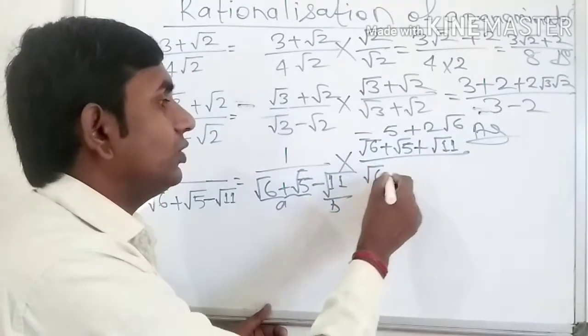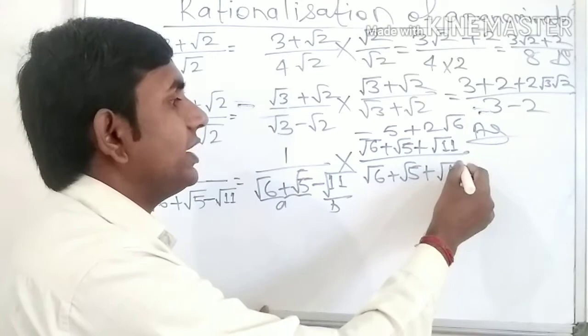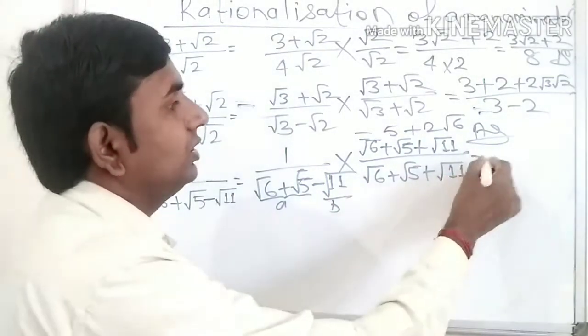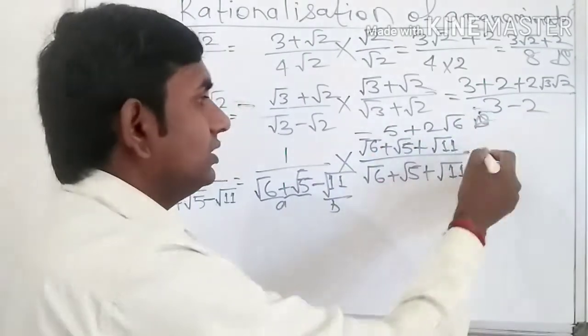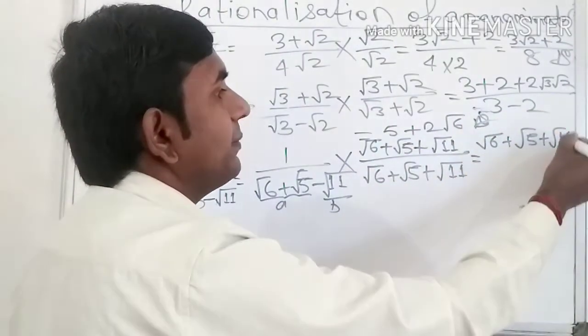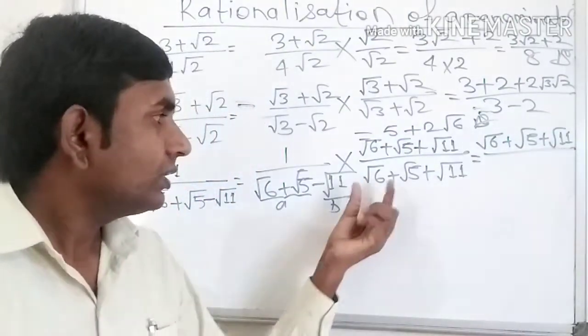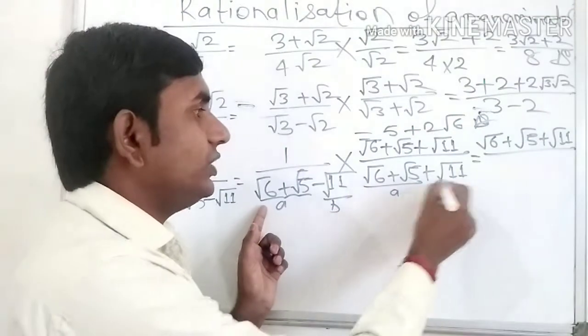Now by under root 6 plus under root 5 plus under root 11. Okay, now we have to write this same as this, under root 6 plus under root 5 plus under root 11, over under root 6 plus under root 5. Here under root 6 plus under root 5 is a and this is b.